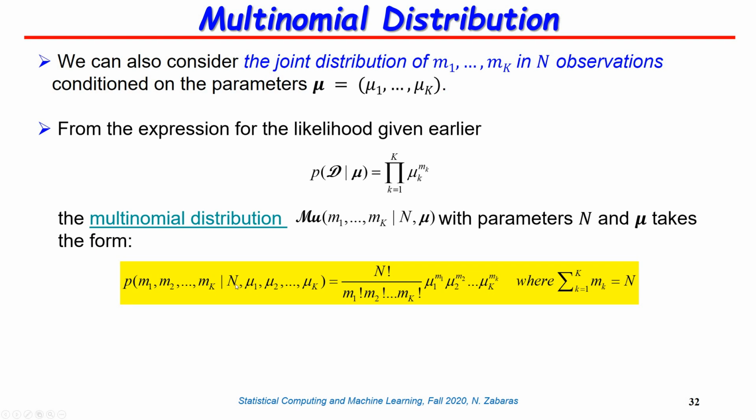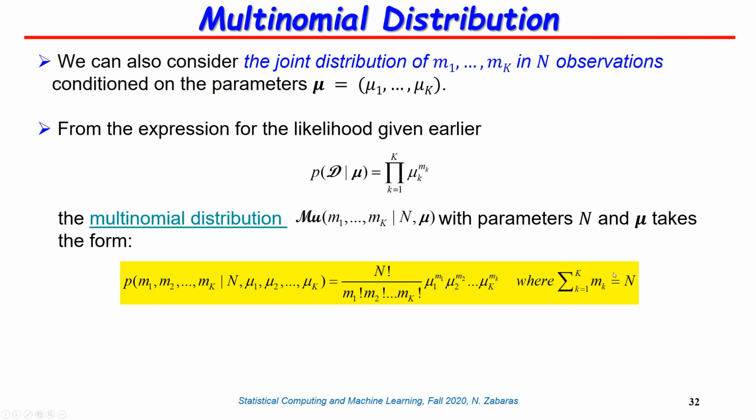So that's the distribution that in n experiments I observe m1 times state 1 to be on, m2 times state 2 to be on, mk times state capital K to be on, and this is a normalization factor, and the meaning of mu1, mu2, mu k is exactly the same as before.